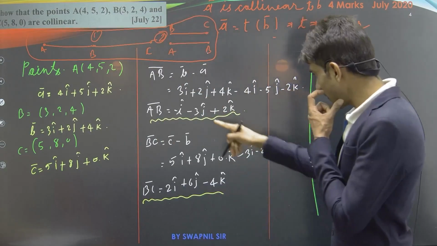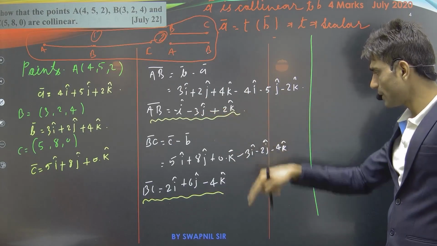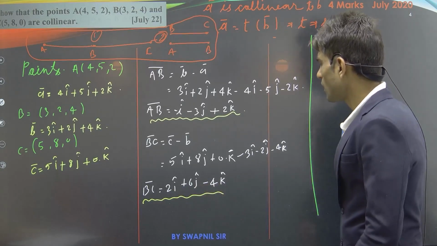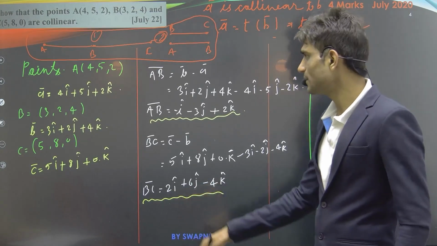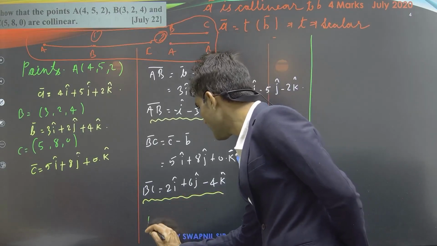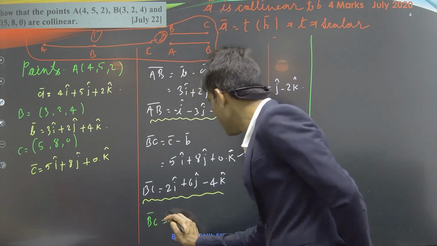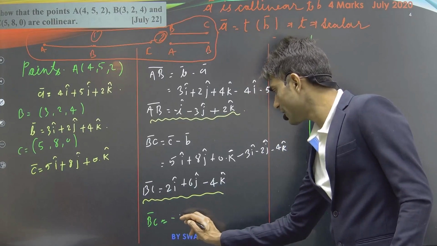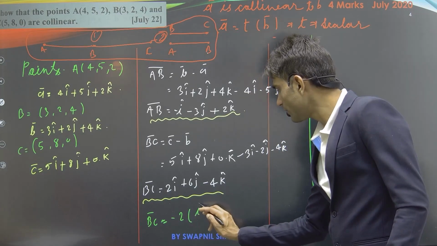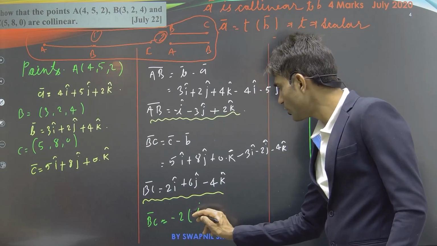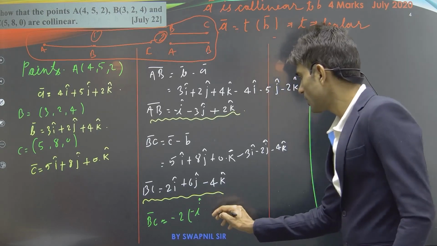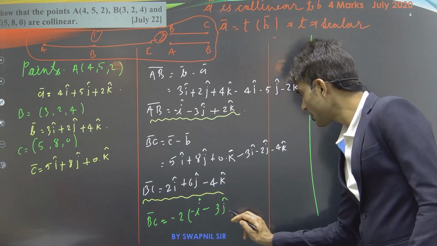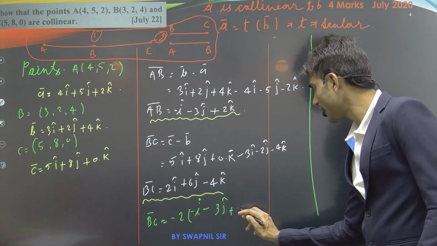So AB bar, we know, is minus I cap minus 3 j cap plus 2 k cap. What we do is take a negative 2 common from the vector BC bar, which gives negative 2 times negative I cap, negative 3 j cap, negative means positive 2 times k cap.